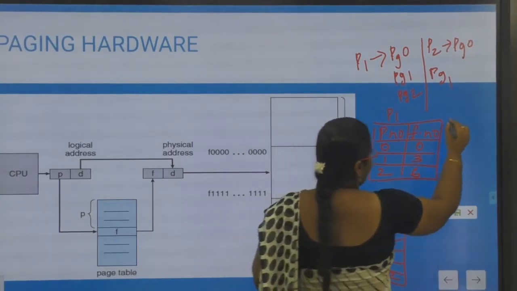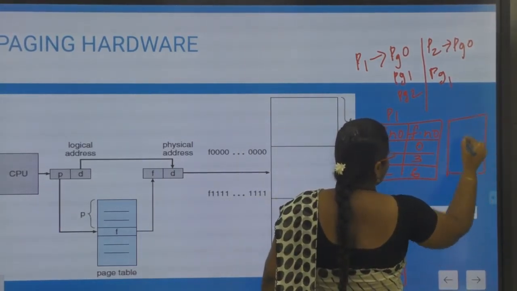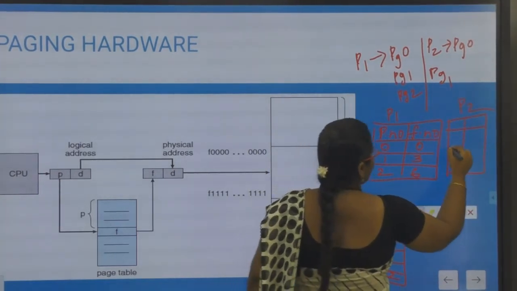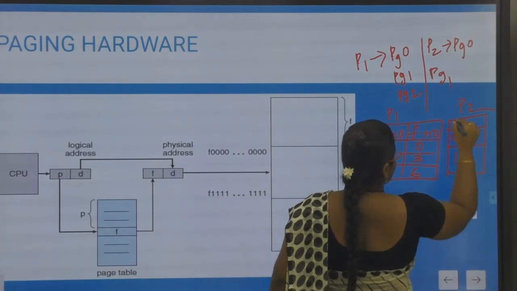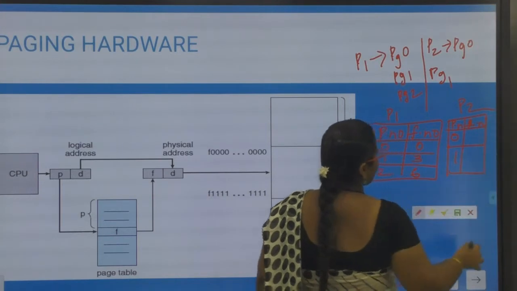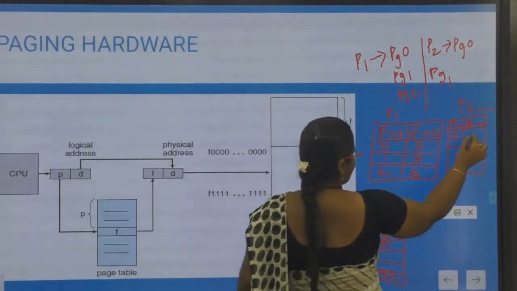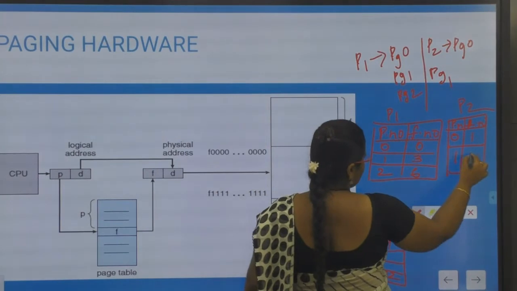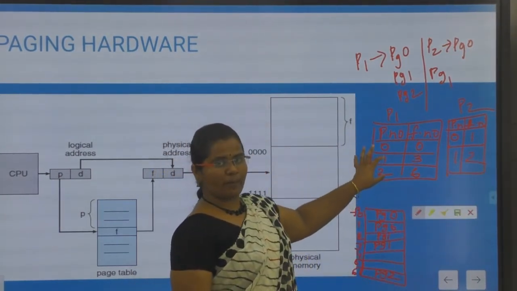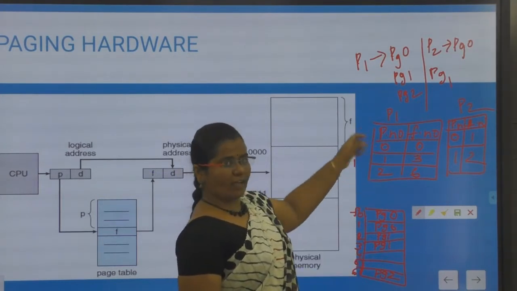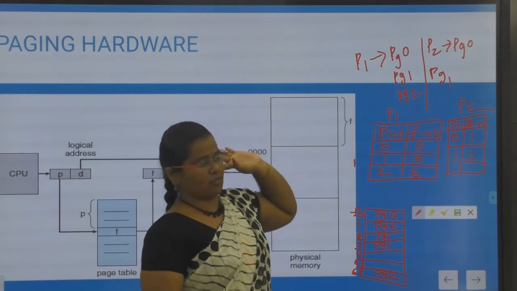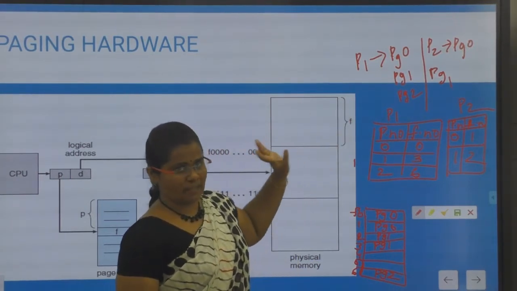In the same way, we can have a page table for process 2, with page 0 and page 1. This is the page number and this is the frame number. Process 2 page 0 is in frame 1 and page 1 is in frame 2. So with the help of your page table, you can identify which page corresponds to a particular process. For each process you will have one page table.